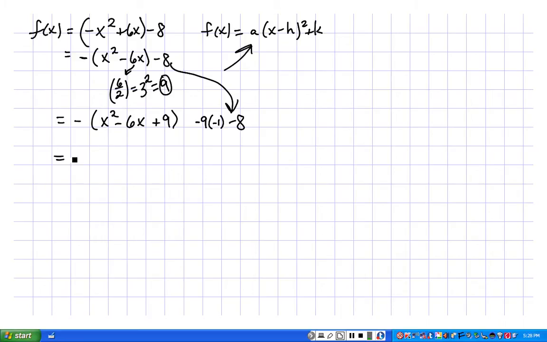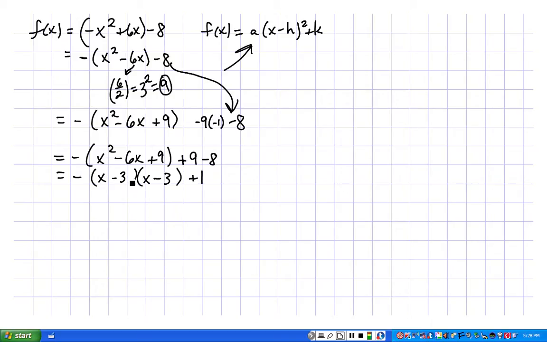So now we have negative, then x squared minus 6x plus 9, and you have a plus 9 because a negative 9 times a negative 1 is a positive 9, plus 9 minus 8. Do your reverse FOIL. 9 minus 8 is a positive 1. x minus 3, x minus 3. First and first: x and x is x squared.